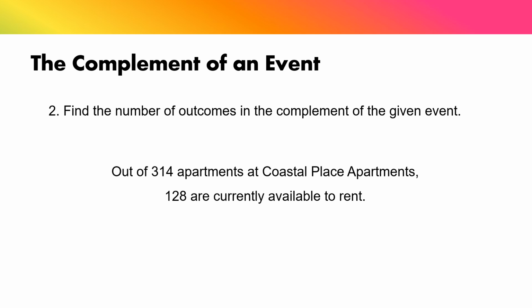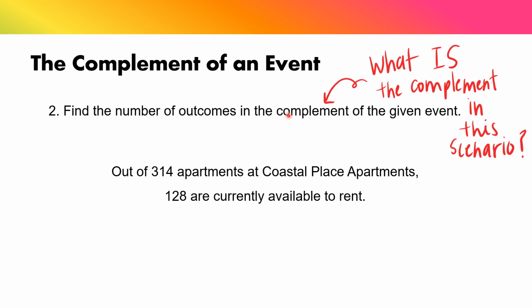Super easy one here. It says, find the number of outcomes in the complement of the given event. Out of 314 apartments at Coastal Place Apartments, 128 are currently available to rent. First we need to think about what the complement is here.